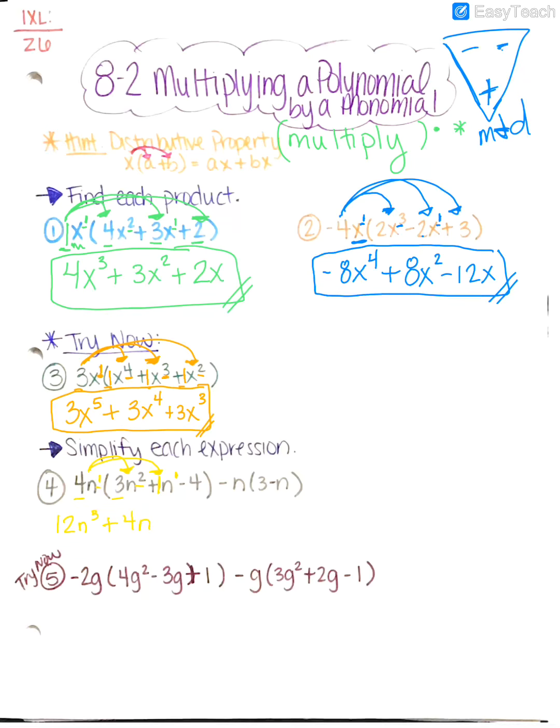Keep your variable and add your exponents. That gives us n raised to the second power or squared. And then distribute to the last one. Negative and a positive make a negative. 4 times 4 gives us 16. And then just go ahead and add that n. Again, you can put that exponent of 1, but you don't have to. So we're done with the first part.